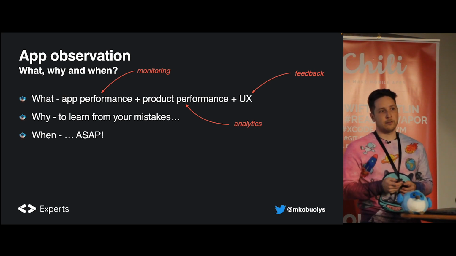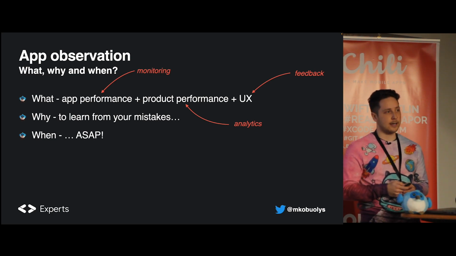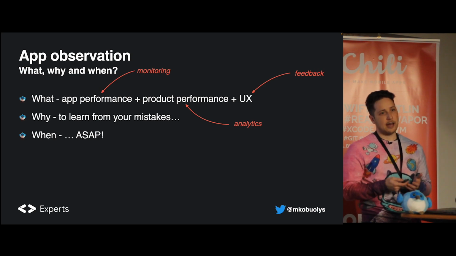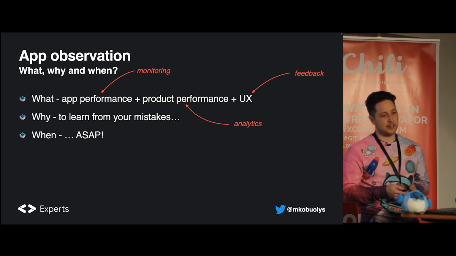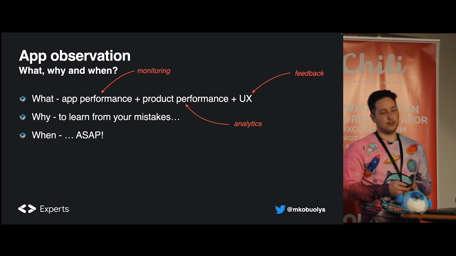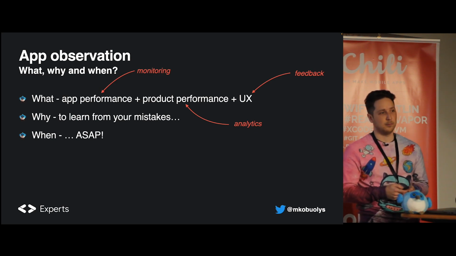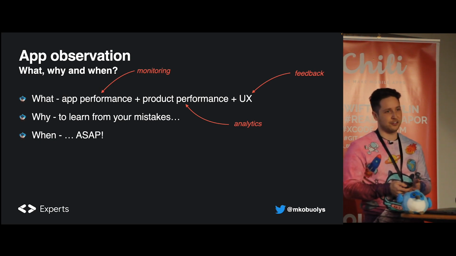Then there's product performance, and usually this is considered only as analytics, but it's actually more than that. Product performance describes how your app or project is behaving as a business, as a product, whether people enjoy using it, whether it brings some benefits to the clients, to the users, and whether it's profitable or not.